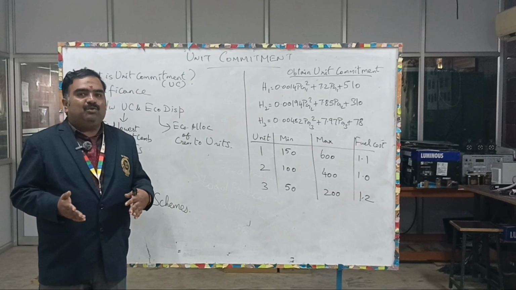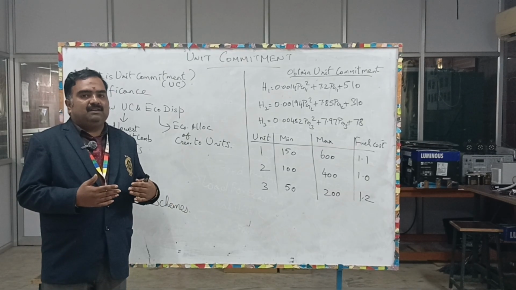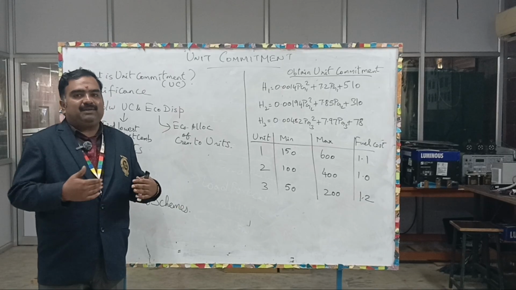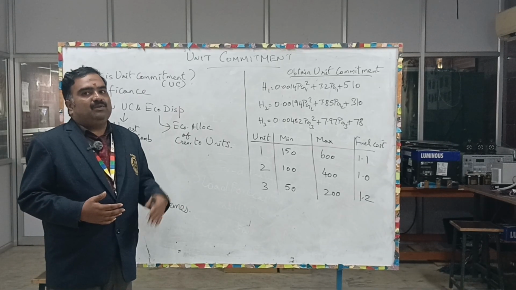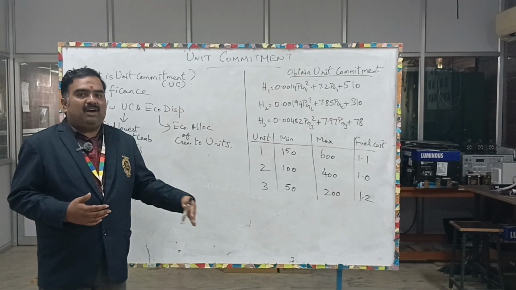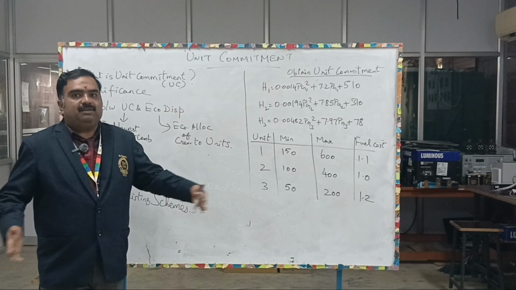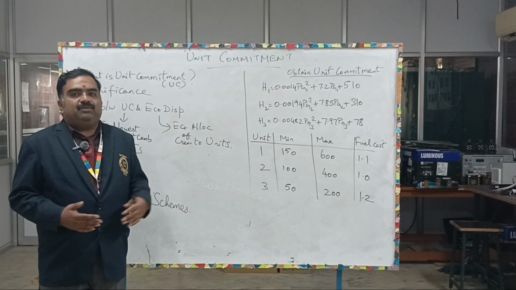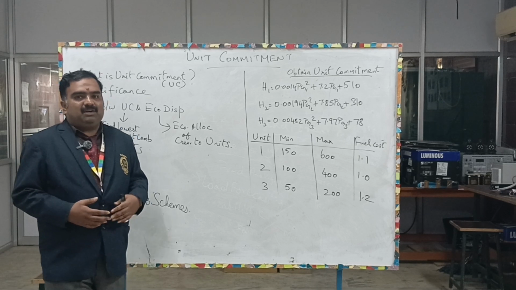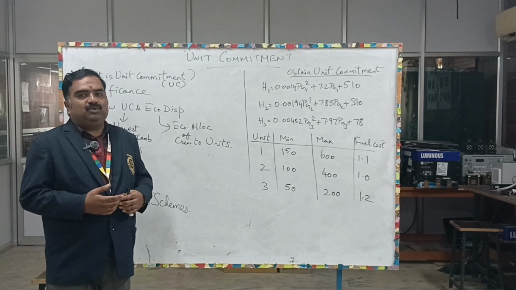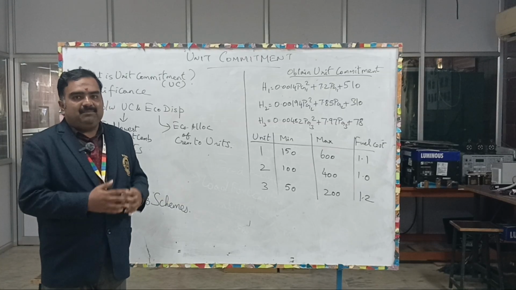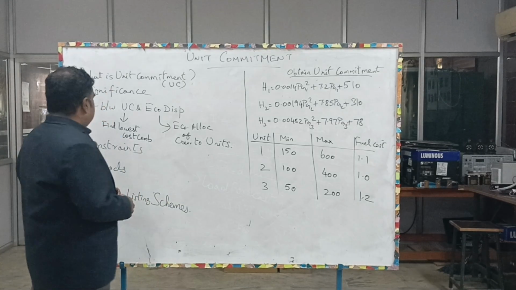For that same demand, in what way can you load the units, which unit you can load the maximum, which the minimum, which unit to half of its capacity, among the units found out by unit commitment. That is what is discussed by economic dispatch. So both go hand in hand and both cater to the same purpose, right?